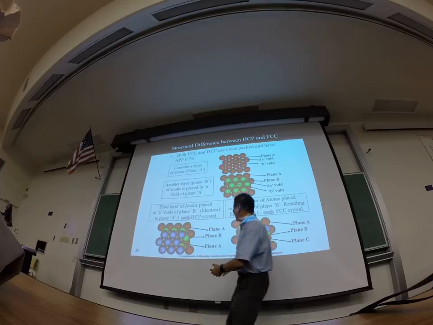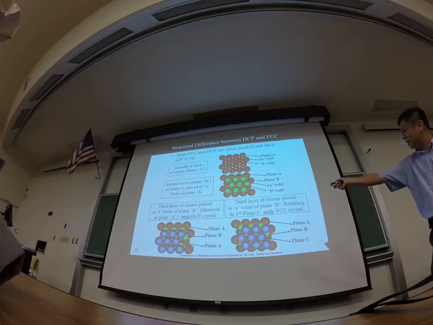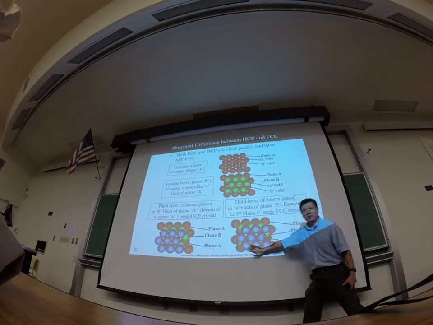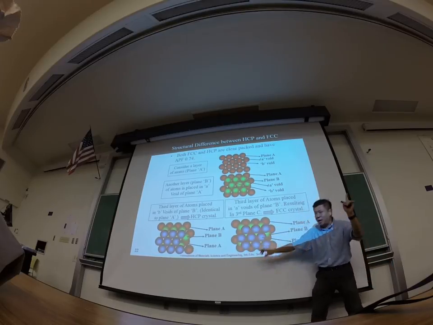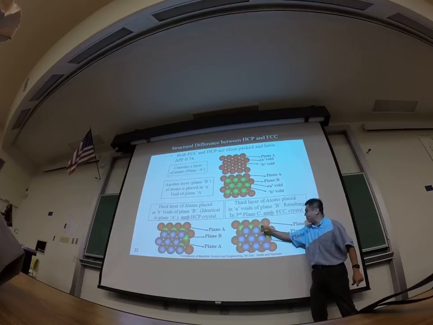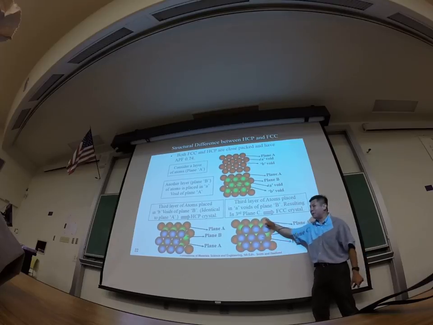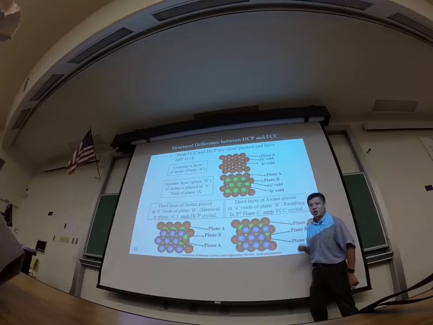So by that means, if the third layer takes the A voids of the second layer, the third layer will be in a different location, and you will get the A, B, C structure. The third layer has a different location than the very bottom one.